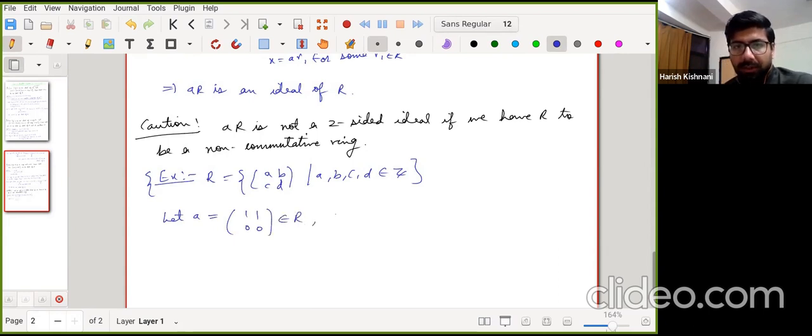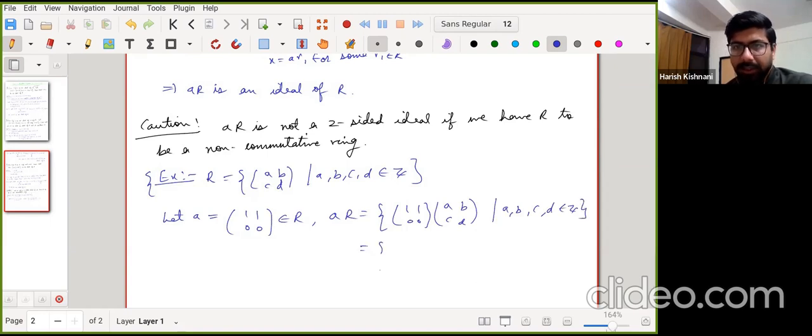So what is your AR then? AR is going to be the elements of this form, A times an element of the ring. What is this set?